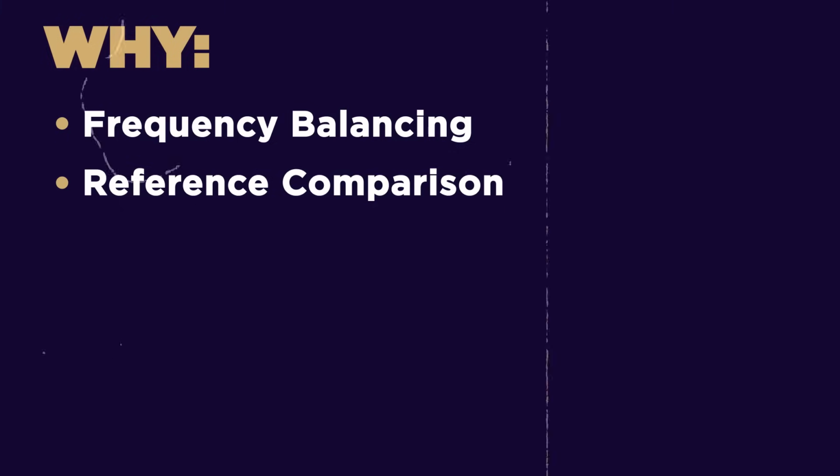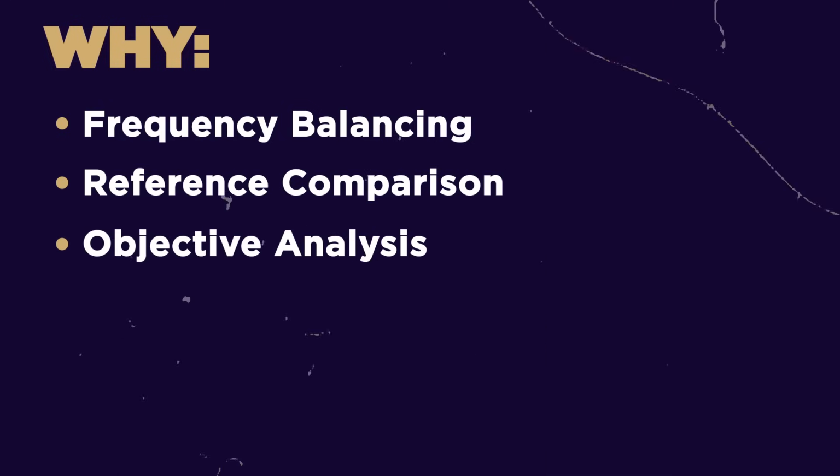It can also reveal any discrepancies or areas for improvement in your mix's frequency balance. Third, objective analysis. The metering frequency curves provide an objective way to analyze the frequency content of your mix. This is particularly useful for identifying potential issues that may not be immediately apparent when listening to the mix, such as frequency buildup, masking, or imbalances between different elements of your mix.